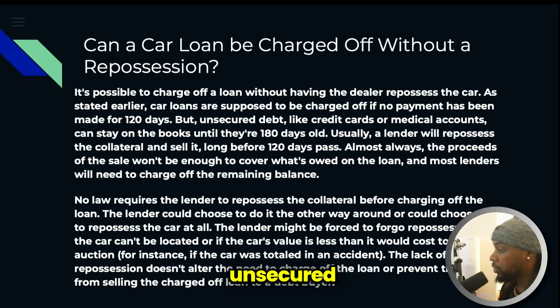But unsecured debt like credit cards or medical accounts can stay on the books until they're 180 days old. Usually, a lender will repossess the collateral and sell it long before 120 days pass. So for an example, you can have a car that got repossessed because you didn't pay for 90 days, for 3 months.